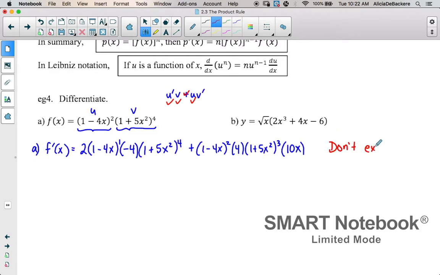Instead, we want to factor. Remember that the easiest type of factoring, the factoring that we always start with, is looking for a common factor. So my function here splits at the plus sign, and I've got one term here and a second term here. I'm looking for what's in common between the two terms.